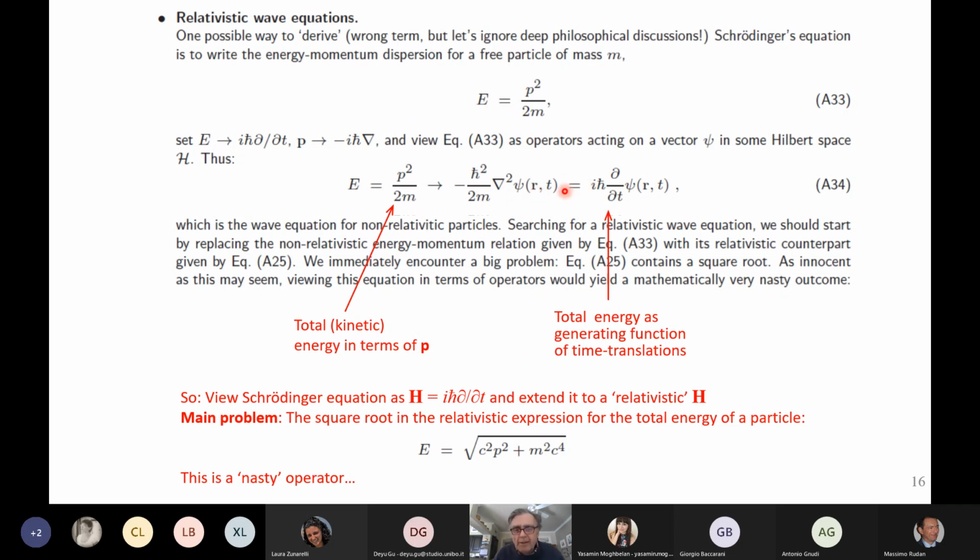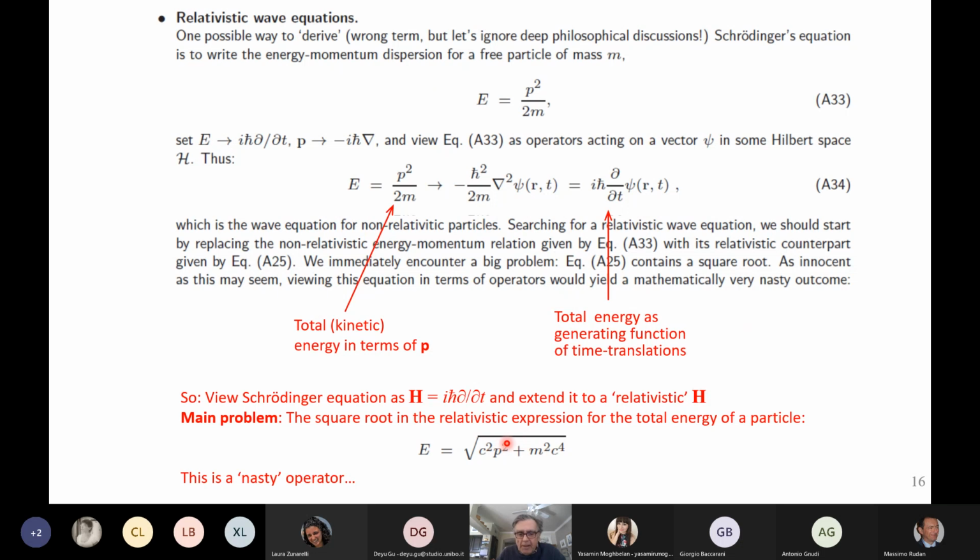I have no idea if that is what Schrödinger thought, presumably. Now what we have to do is generalize this, replace this expression, which is the classical expression for the energy of a particle in terms of its momentum, with the expression that we have from special relativity. It's a problem.